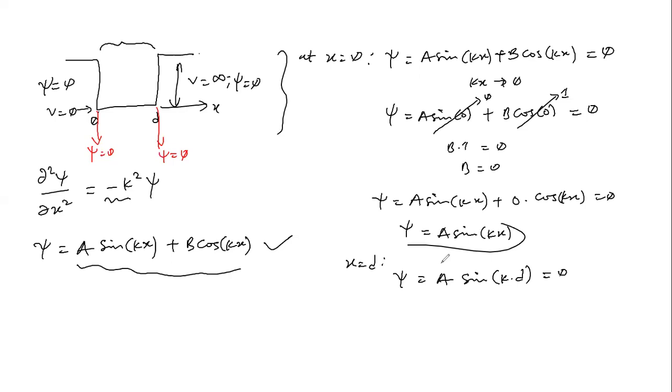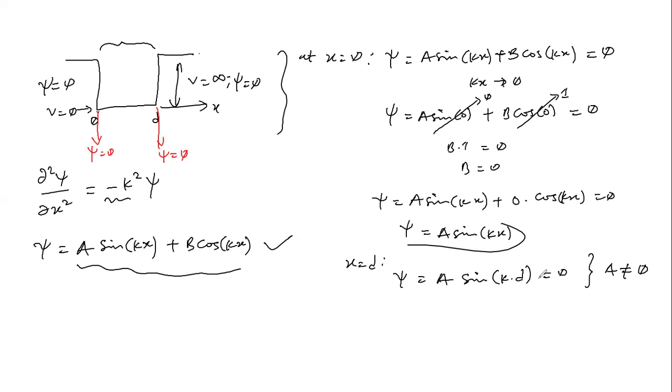Now, since the wave function exists only inside the potential well, a cannot be equal to 0. Since this wave function exists inside the well, it is only at this boundary that it reduces to 0. So if a cannot be 0, then sin kd must be equal to 0.